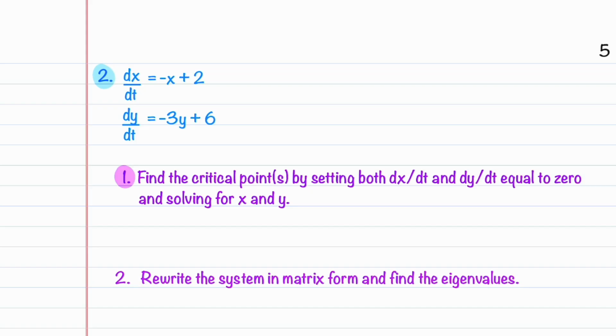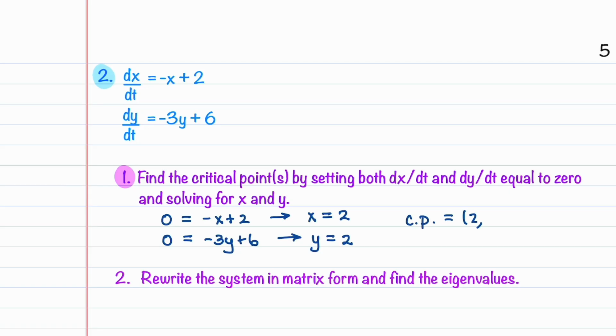We set dx/dt equal to 0, so we have 0 is equal to minus x plus 2, and for dy/dt we also have 0 equal to minus 3y plus 6. Our first equation gives us that x is equal to 2, and our second equation gives us that y is equal to 2. So our critical point is 2, 2.